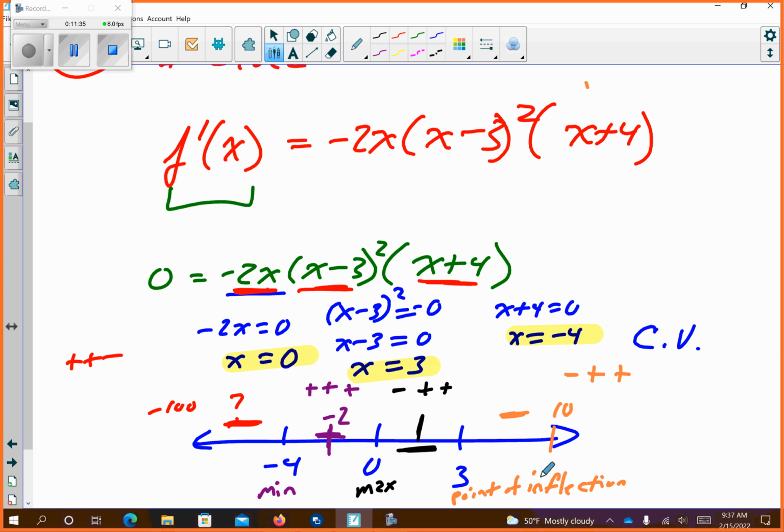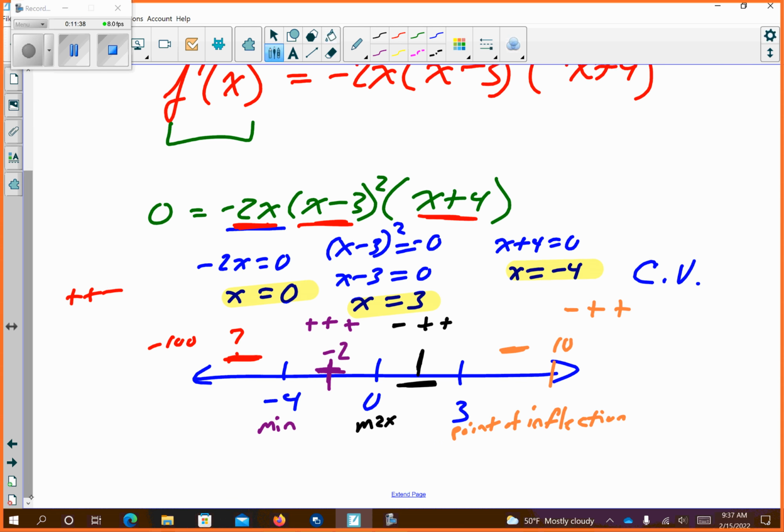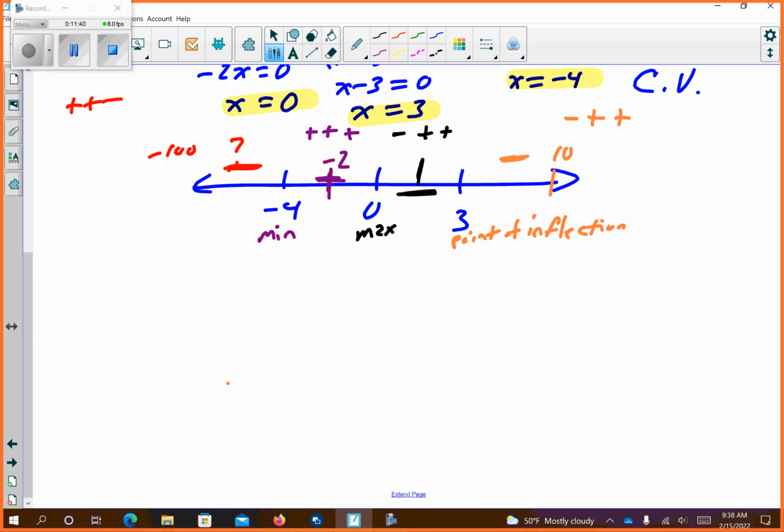It doesn't ask us to graph it, but if we were to make a graph based on just this picture, if we have an XY axis, I have -4, I have 0, and I have 3. So our graph looks something like this. I have negative to here, and then it goes positive to here, and then it goes negative to here.